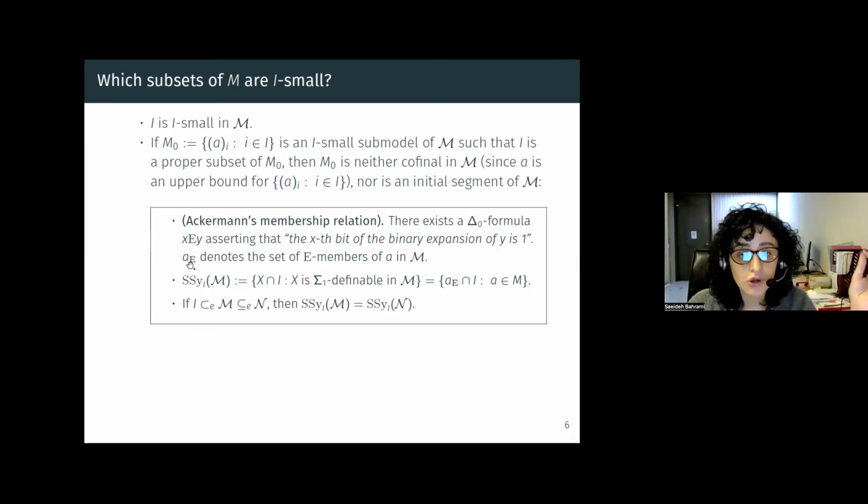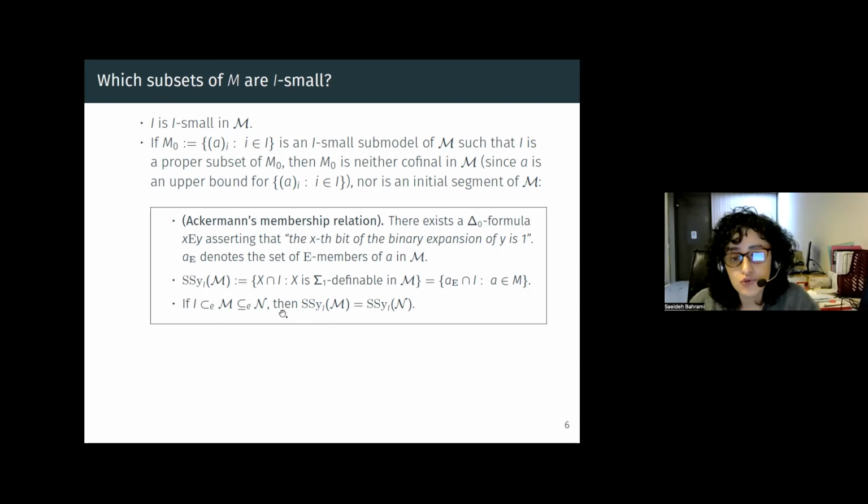Whenever A is a member of M, by A we mean the E members of A. So we have the notion of the I standard system of M. And whenever we have an end extension of M, the end extension and M should have the same I standard system.